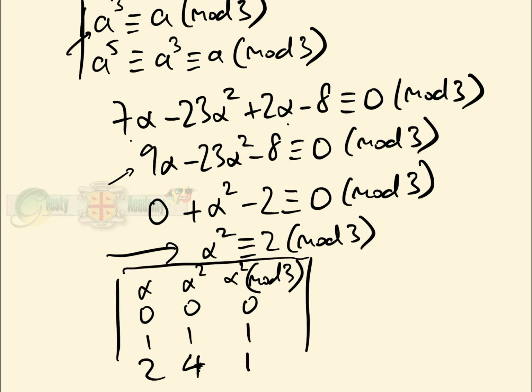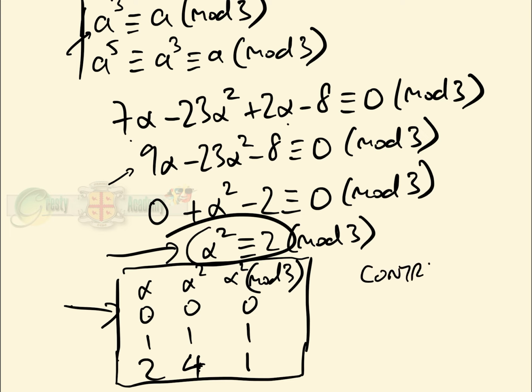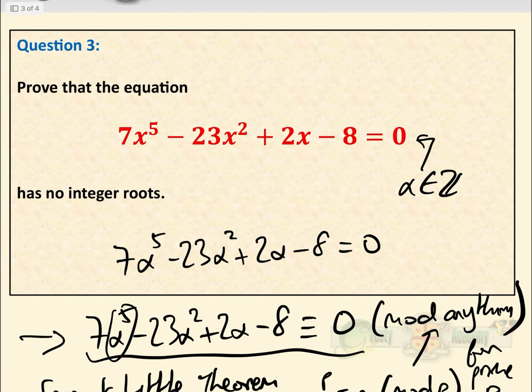So regardless of what value alpha takes modulo 3, it is impossible for it to equal 2. There is no integer in the entire world where alpha squared equals 2 mod 3. And therefore we have ourselves a contradiction. This equation cannot be true for any alpha contained in the integers, and therefore it has no integer roots. And that's question number 3.